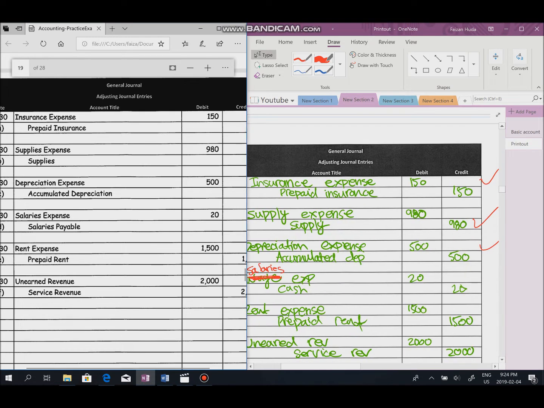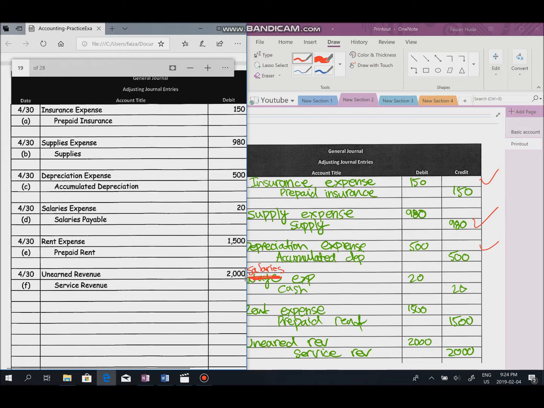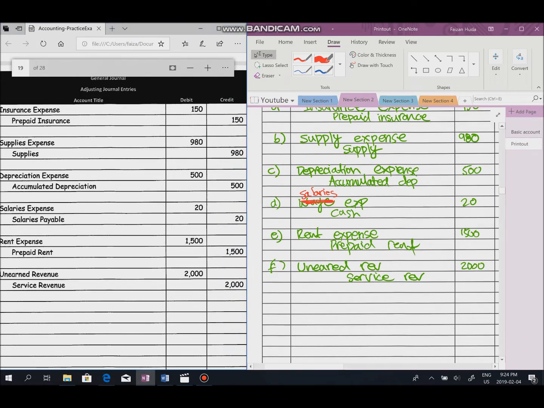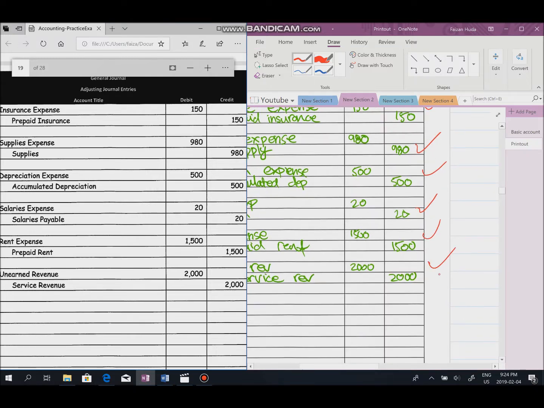Salaries expense 2,020, we're right. As I said, rent expense, prepaid rent, 1,500, 1,500, we're right. As I said, unearned revenue would be debit and revenue credit. We're right. Our next step is to post these adjusting entries to our T accounts.